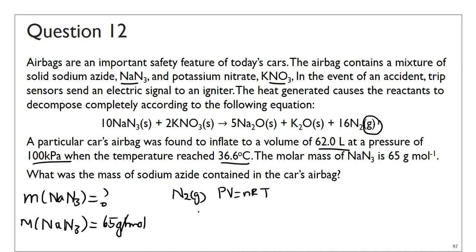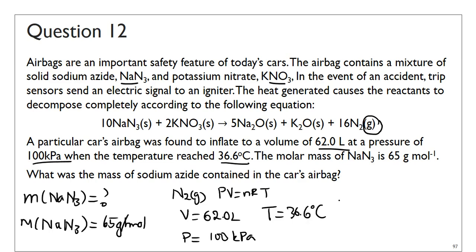The increase in volume is solely due to the production of this gas, because all the other substances are solid, so I think it's safe to assume that they won't contribute too much to the volume of the airbag. And temperature is 36.6 degrees Celsius.